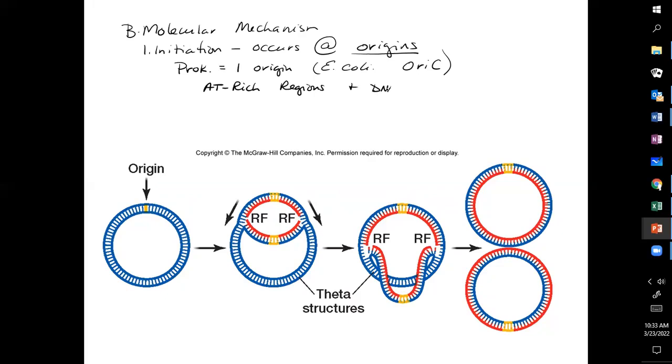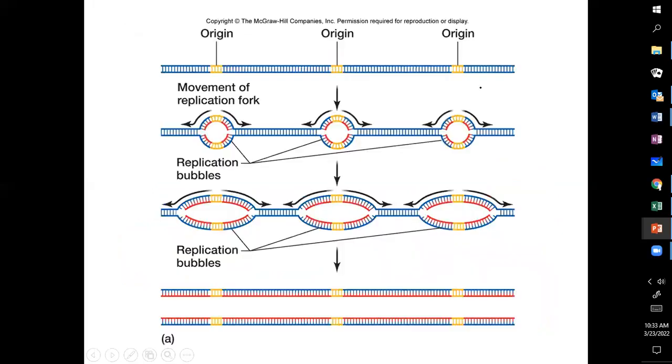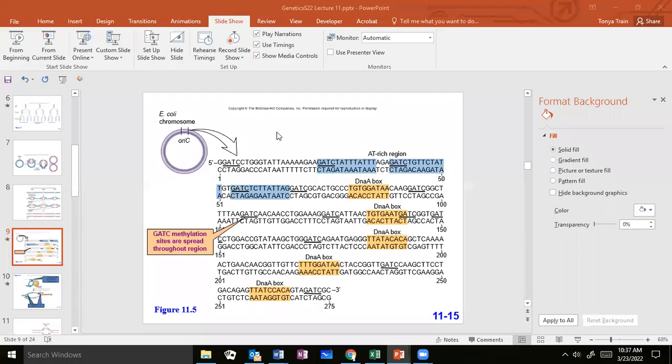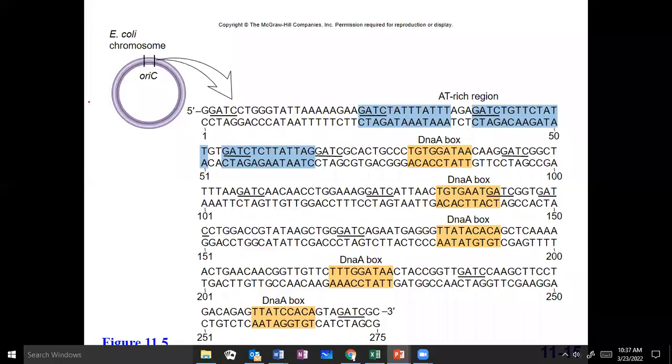And DNA A boxes. So let's take a look at the origin ORI-C in E. coli. Sorry about that, I was missing an image that I wanted to show you all here. And so here are the AT-rich regions in ORI-C. Notice that the E. coli ORI-C is 275 base pairs.